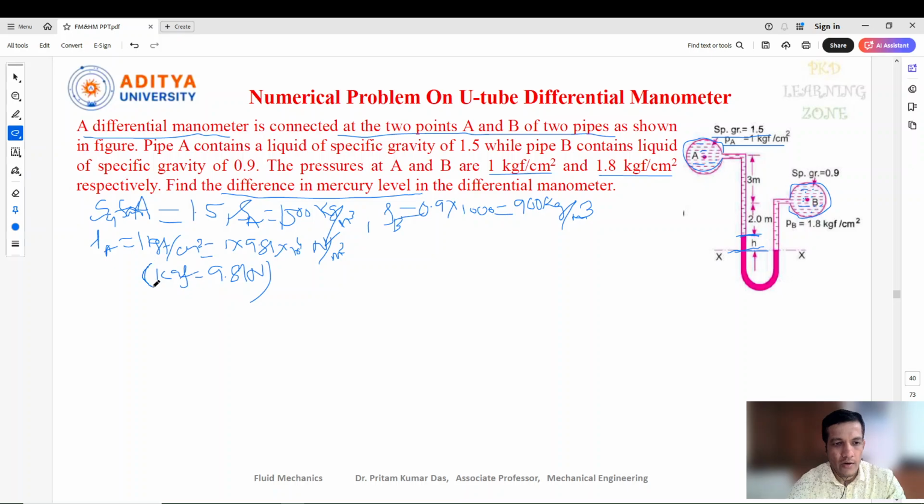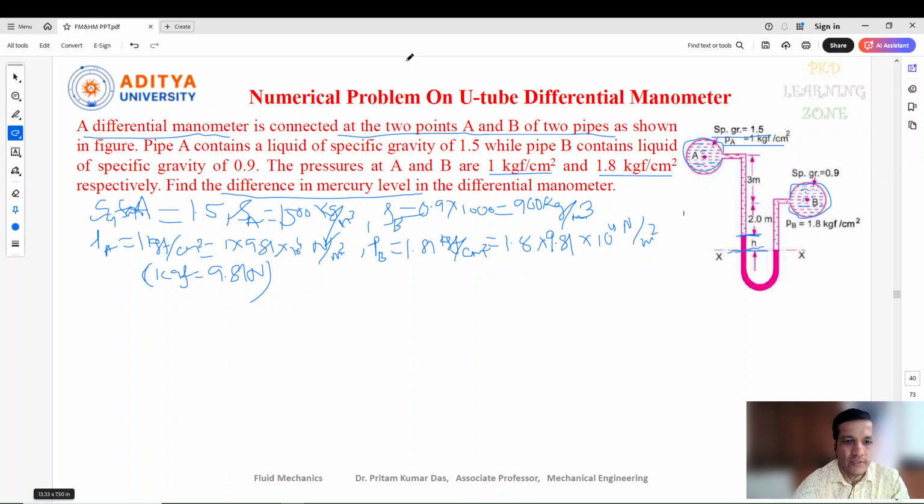Similarly, PB equals 1.8 kgf per centimeter square, so 1.8 into 9.81 into 10 to the power 4 Newton per meter square. This is the conversion of these units.